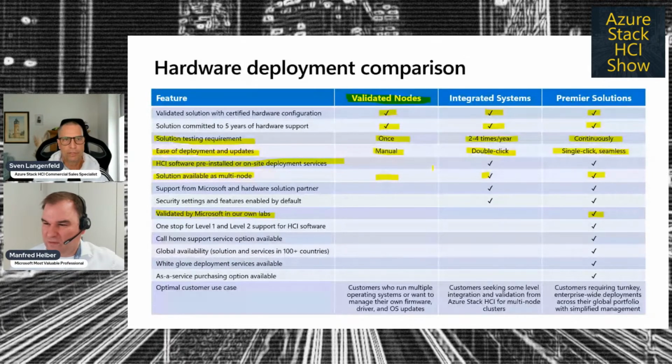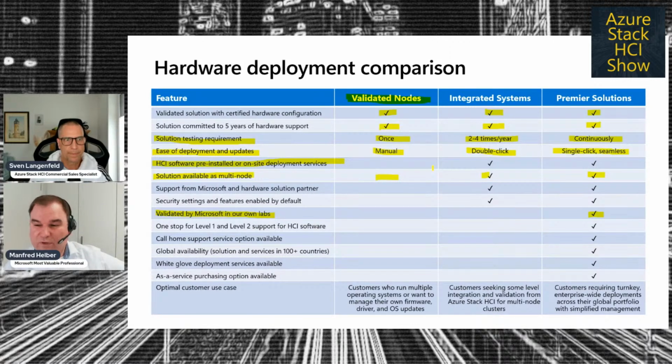They could be fulfilled for a validated node as well, but it's up to the OEM. You have to go to your OEM and say, I'm interested in this and that. Are you offering this? Maybe as an individual service, everything is fine. So it does not mean that it's not available. It only means it's not mandatory for the OEM to have this as part of the offer.